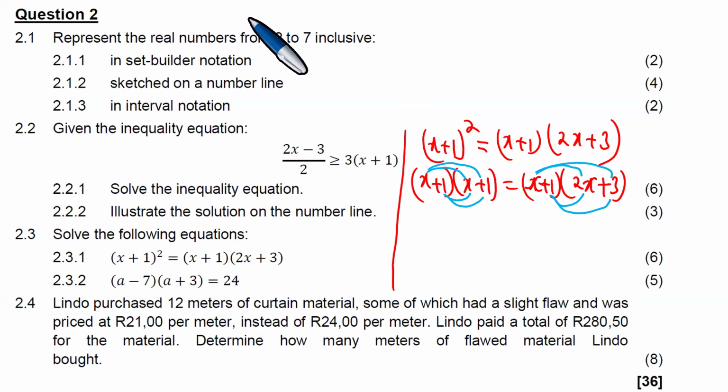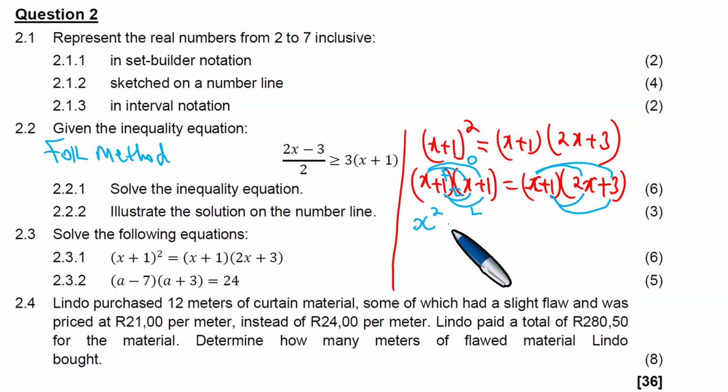So now, what is x times x? It is x squared. This method is called the FOIL method: first, outers, inners, last.